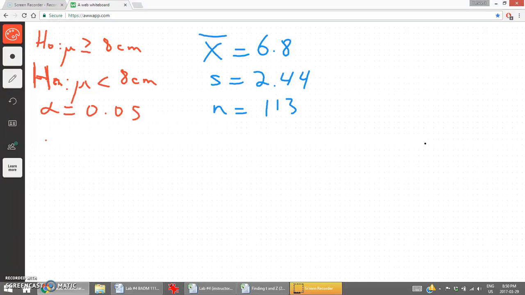Because alpha is 5%, and because we do not know the population standard deviation, we're going to have to use a t-value. A t-value is based on alpha as well as the degrees of freedom, degrees of freedom being n minus 1. I'll just write that down here.